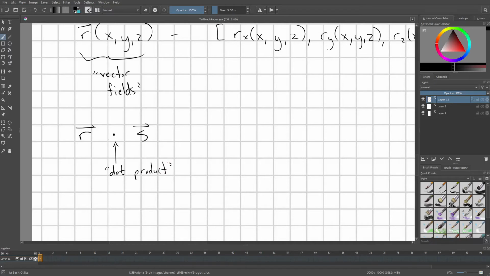In this situation, we're taking the dot product of r and s. This, by definition, is r, like the matrix r, times the transpose of s.